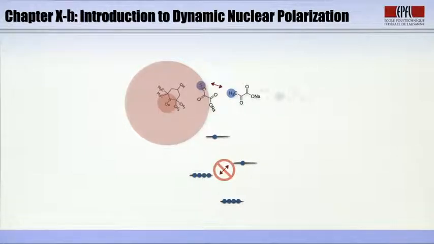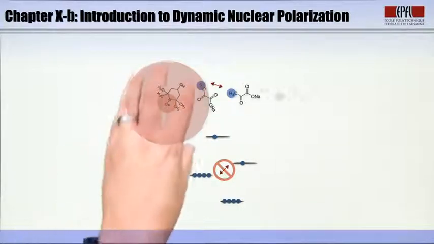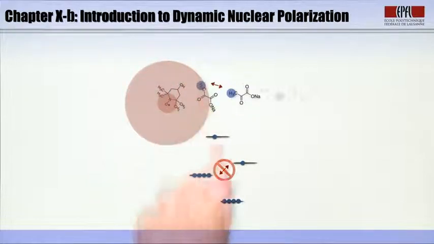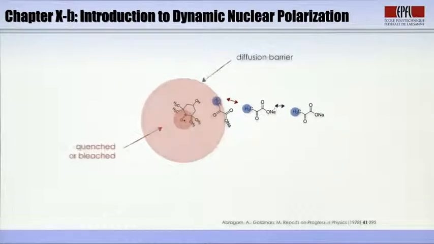So in a sense, the polarization cannot flow anymore from one molecule to the other because of the effect of the electron spin on the energy transition of these nuclear spins. So what we usually say is that there is a region of space around the electron spin where the diffusion is stopped.